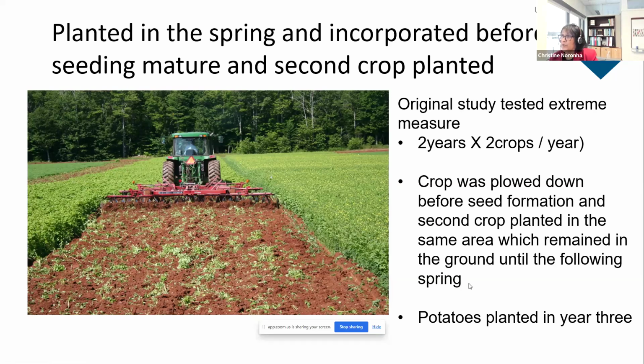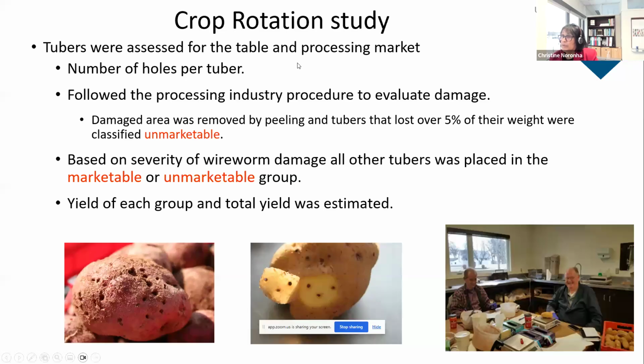We planted potatoes. So the year that we planted potatoes, at the end of the year, we harvested huge areas of potatoes by hand, brought them back to the lab, and they were assessed for table and processing market. For the table market, it was mainly the number of holes per tuber, so we counted the number of holes per tuber.